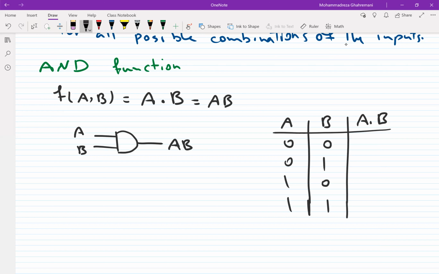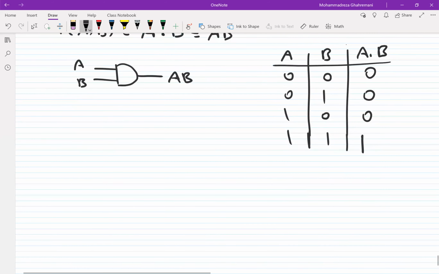So for 0 0 it is 0. If A is 0, B is 1, because one of the inputs is 0, the output is still 0. If A is 1, B is 0, again the output is 0. The last combination, because both inputs are 1, the output is equal to 1. I repeat, the AND function output is 1 if all the inputs are 1.